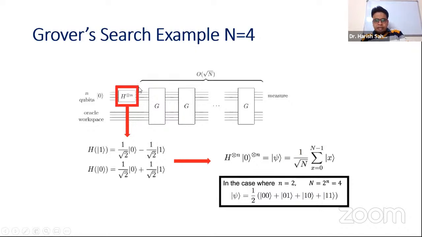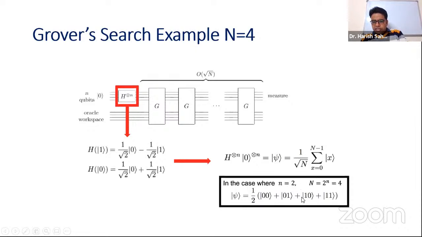So the initialization probability is equal, but our goal, after repeated iteration of order root N times of this Grover operator, is to increase the probability of the desired answer. Let's suppose our desired answer is 10. Then what we want to do in this process is increase the amplitude and the probability of this 10 and simultaneously decrease the probability of the others.